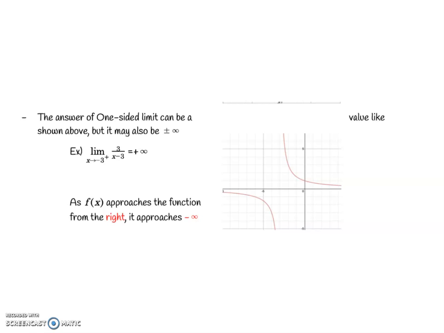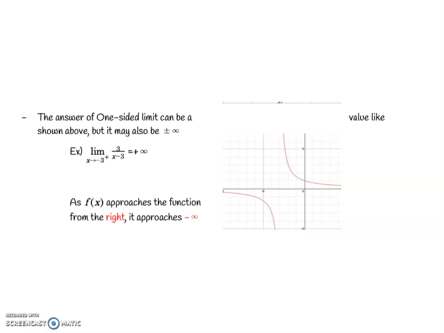So the answer of a one-sided limit can be a value like it was shown above, but it may also be positive or negative infinity. Looking at the example on the right, you can see how as the graph approaches negative 3 from the right, it approaches infinity.